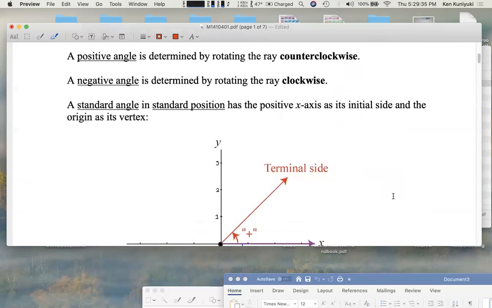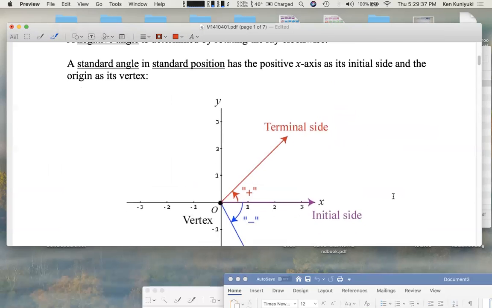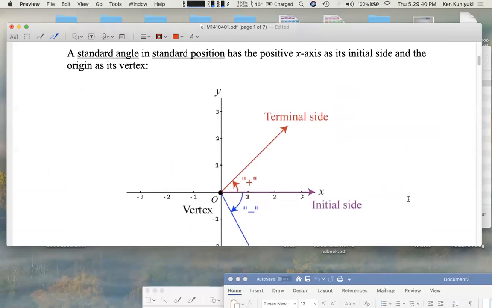All right. Now, very often when you're working with trigonometry, we deal with standard angles. We try to place geometrically an angle in the xy plane, the Cartesian plane, in such a way that the vertex is at the origin and the initial side lies on the positive or non-negative x-axis.